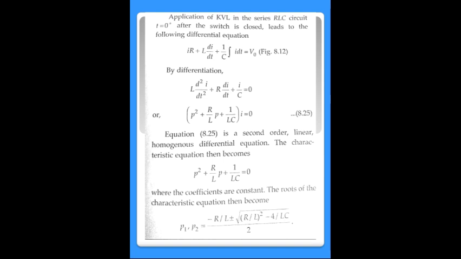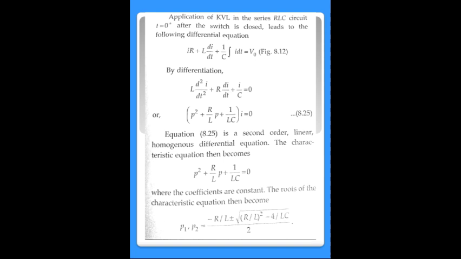So applying KVL in series RLC circuit at t is equal to 0 plus, the equation becomes iR plus L di/dt plus 1/C integration of i dt is equal to V0. Now we differentiate the equation.